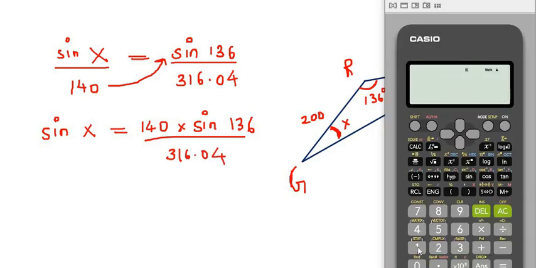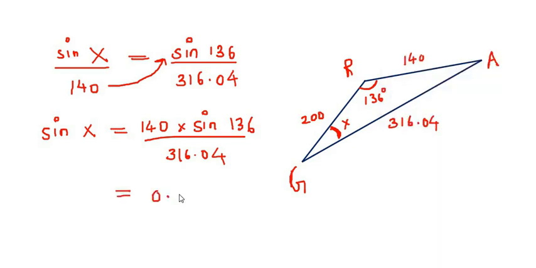So we have 140 times sine 136 divided by 316.04. So we have it as 0.3077. Always make sure that you are taking at least 4 digits after the decimal point whenever you are finding the angle. So sine of x.